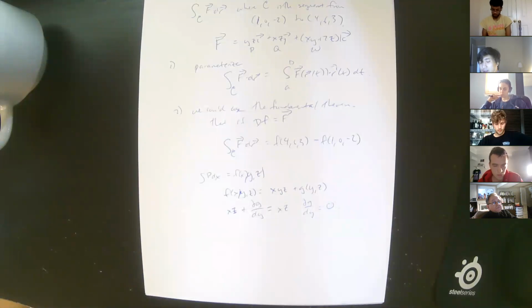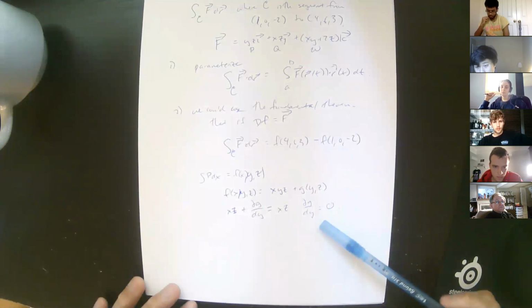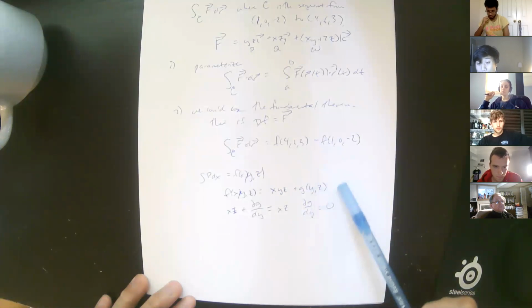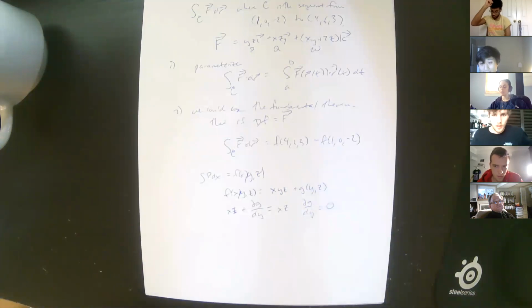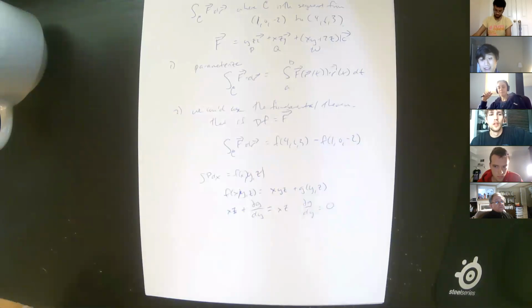I just named it a different function, h of z, as the integral of that. Why did you say h of z? You chose h of z because its derivative with respect to y is 0. That means this has no y's in it, and no x's, so that's why you can call it h of z, knowing that there are no x's or y's in it.